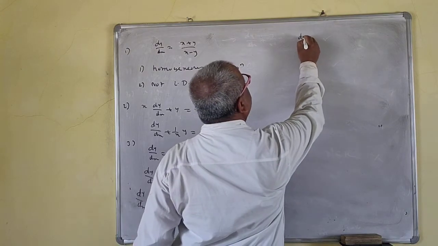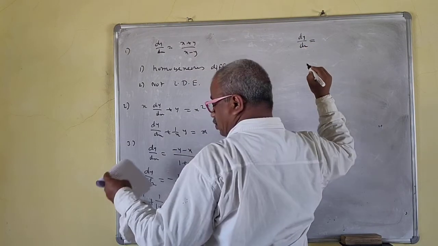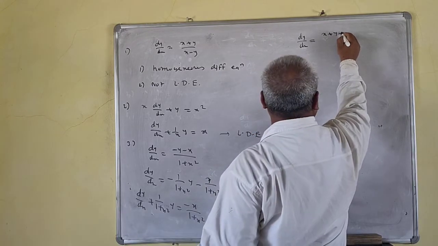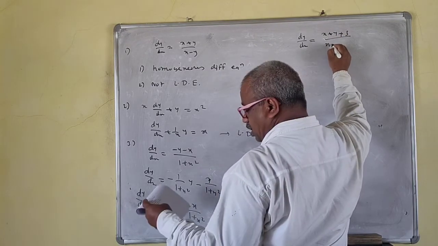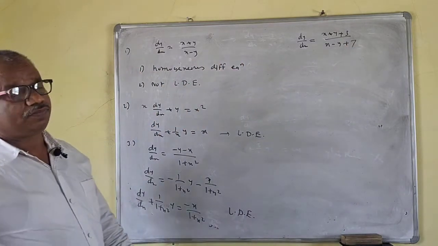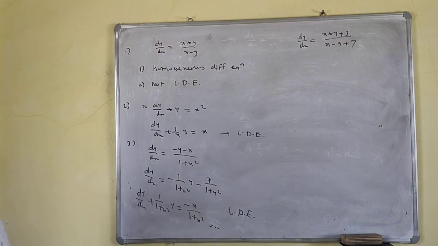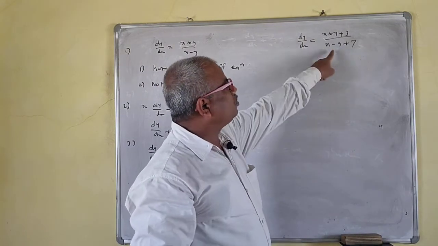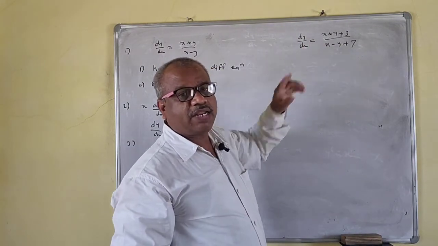Now next, dy by dx is equal to x plus y plus 3 upon x plus y, x minus y plus 7 suppose. Is it a linear differential equation? No, this is not a linear differential equation, because if you shift this, then there is a product of y and dy by dx.